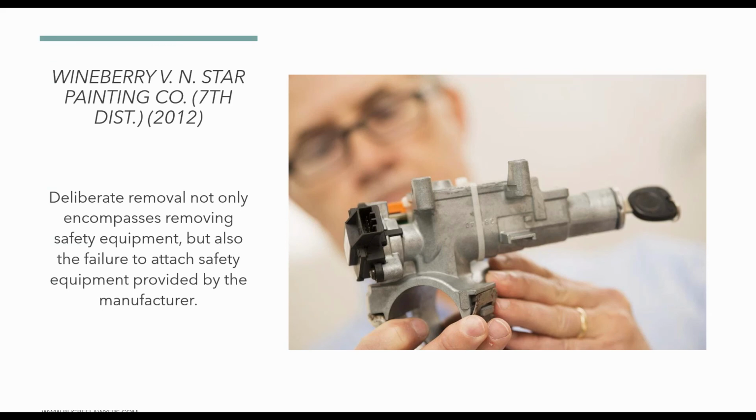And so if an employer buys a piece of equipment and it comes with a guard of some sort or some type of a safety device, and that is not placed onto the piece of equipment, at least the 7th District in this Wineberry case has held that the failure to put that piece of safety equipment on the machine as recommended by the manufacturer would amount to a deliberate removal.